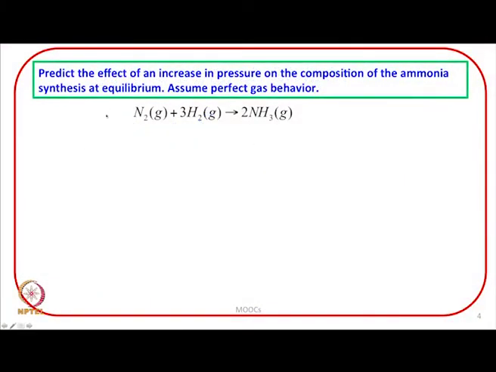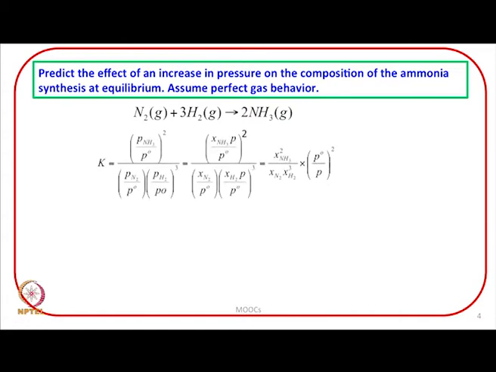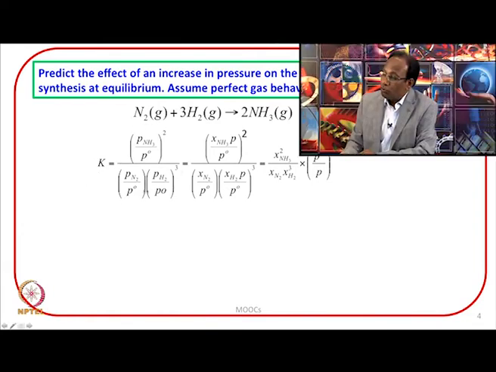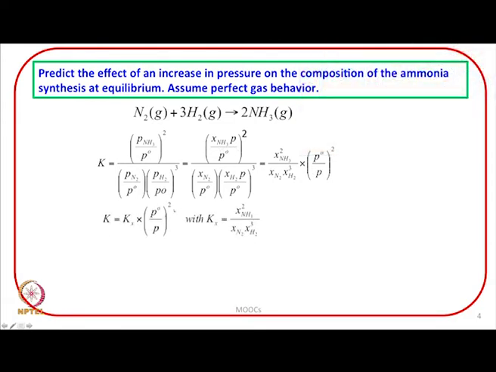We took an example of this formation of ammonia from nitrogen and hydrogen, and we expressed equilibrium constant in terms of the ratio of the partial pressures converted into the product of mole fraction and the total pressure, and eventually came up with an expression that K is equal to Kx into P naught by P raised to the power 2.